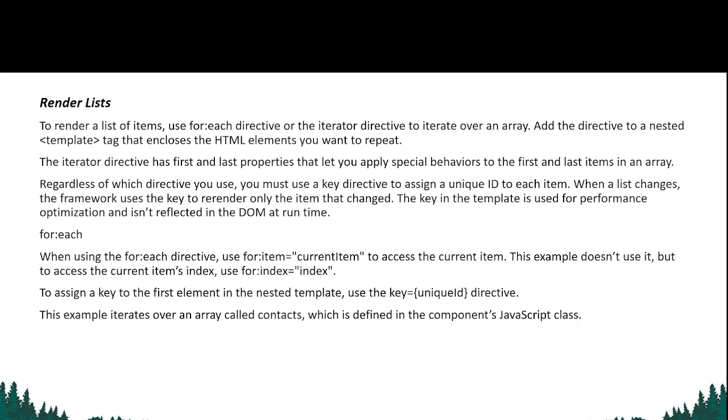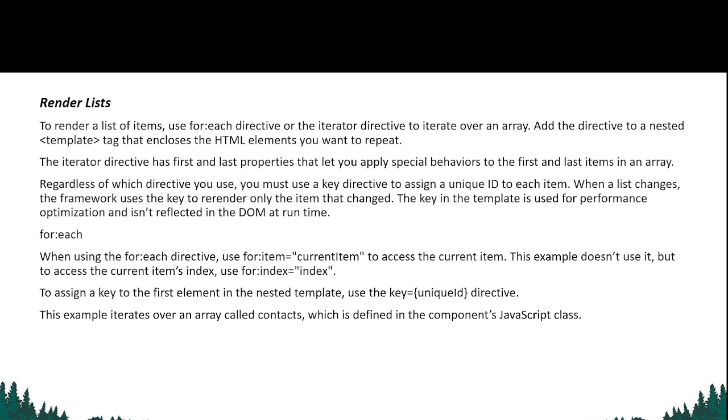Now when you are using the for each directive for the current item or the current data, you can easily access the item index, the assignment to that particular index value. You can check the key value that is assigned to the element that you have added in your template, in that nested template or in a simple template.